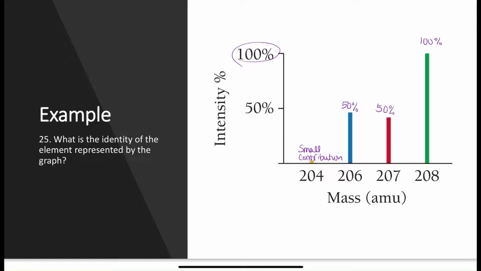So I'm going to guess the mass is probably around about 207 AMU or slightly higher. And so I'm going to look at the periodic table, find the element that's closest to 207, and I see lead at 207.2 AMU. Completely matches up with the data we're provided here.